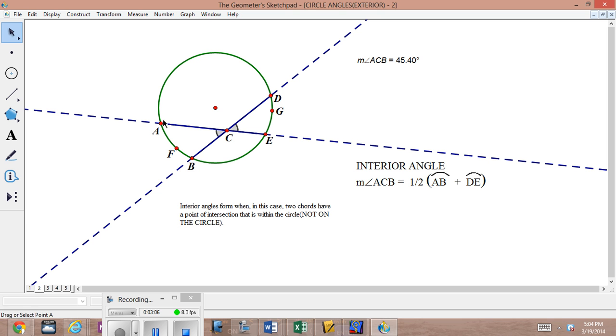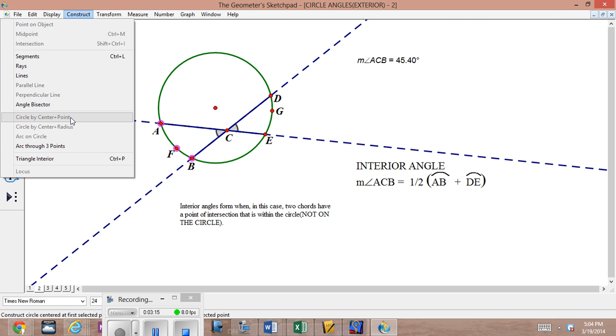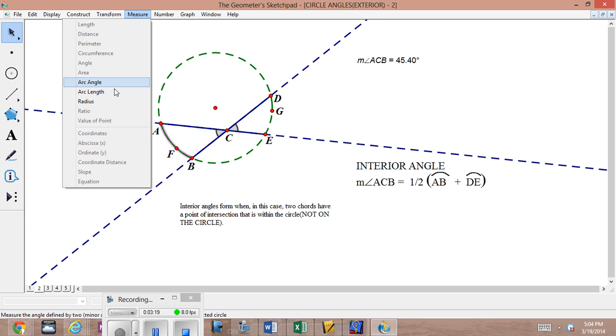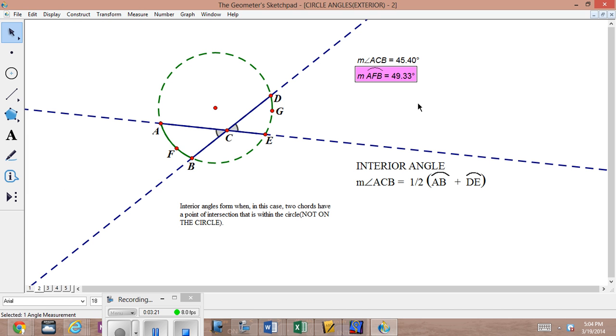Now what it's saying here is that if we construct the arc that the angle opens out to and measure that arc, we'll put that over here.